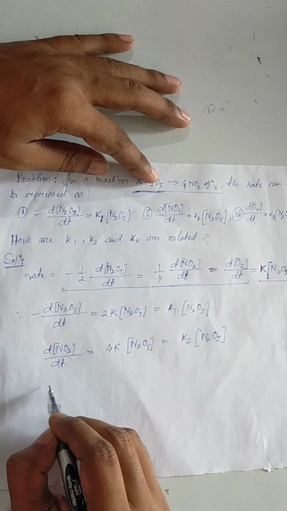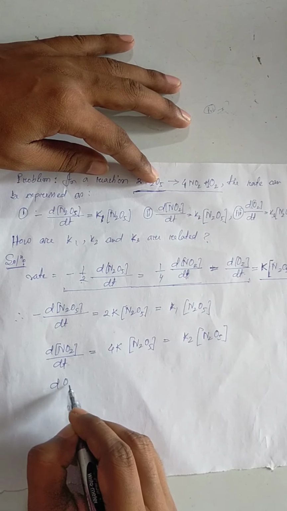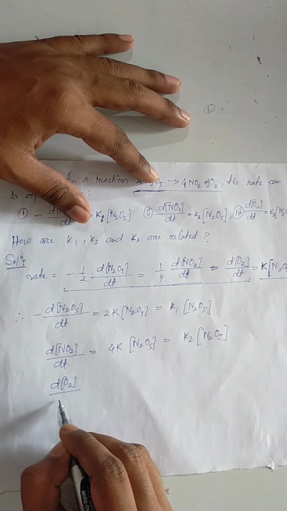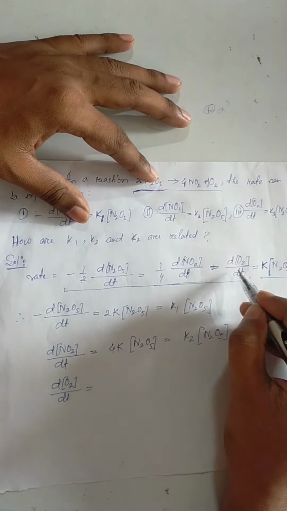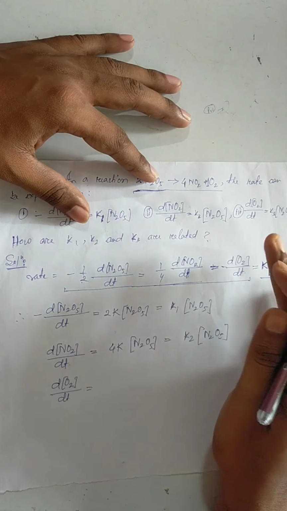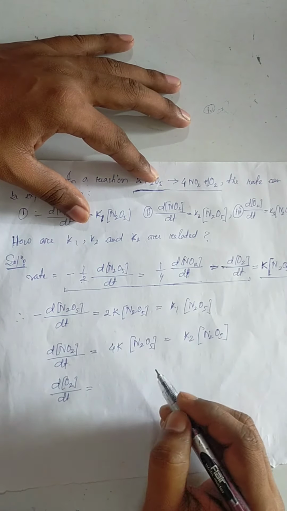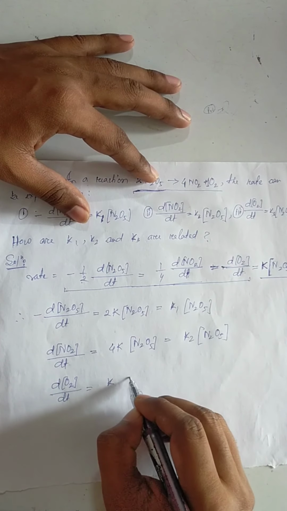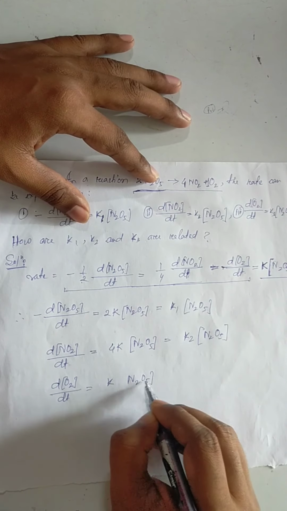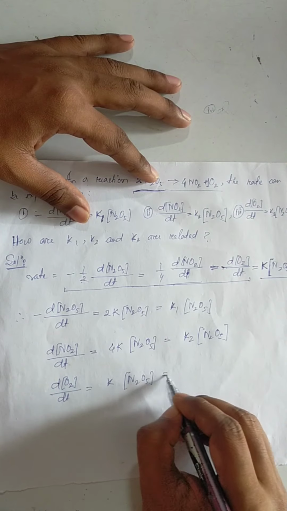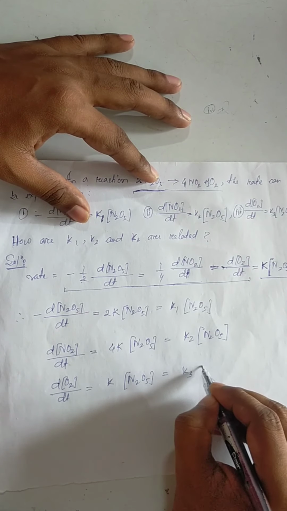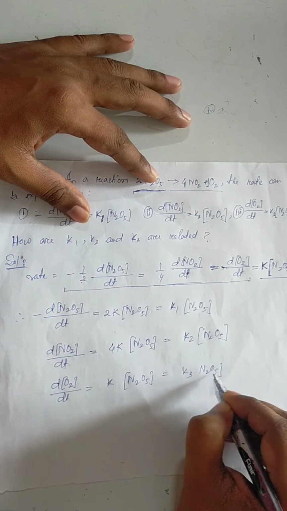Okay, next, there is no 1 by 2 or anything like that, there is no reciprocal here, so we will write K[N2O5], which is equal to K3[N2O5].